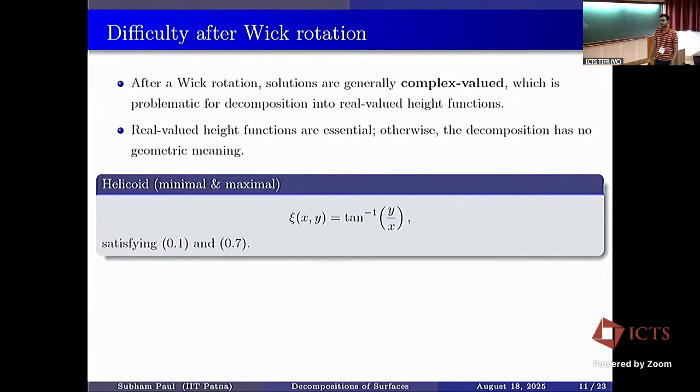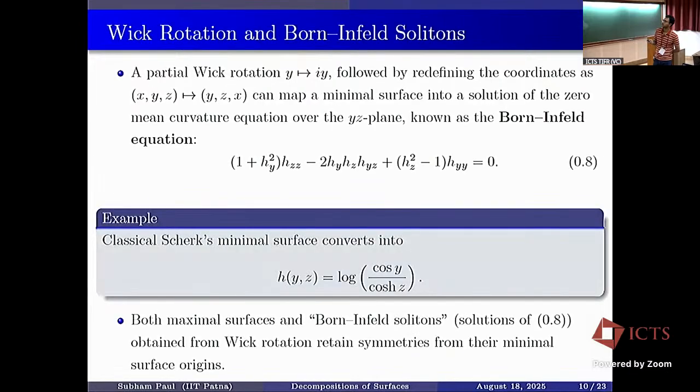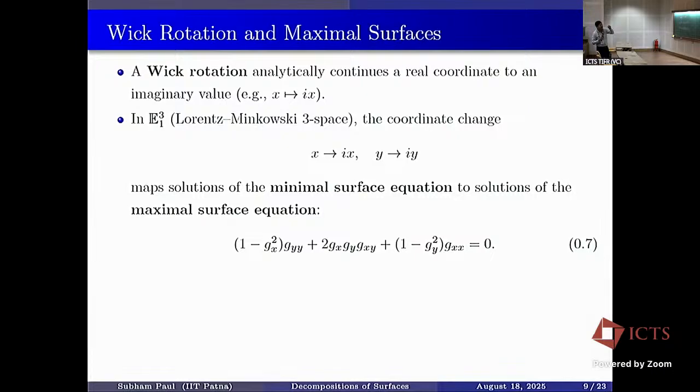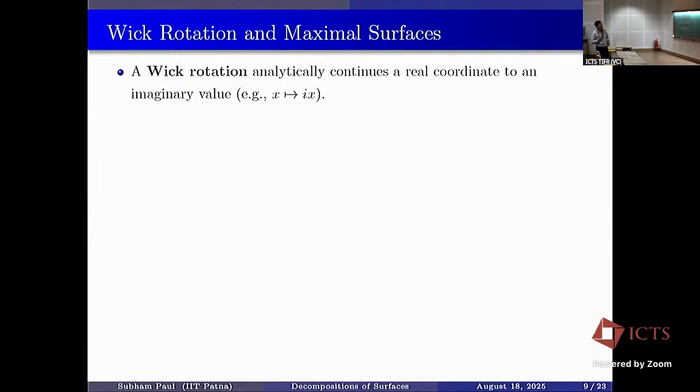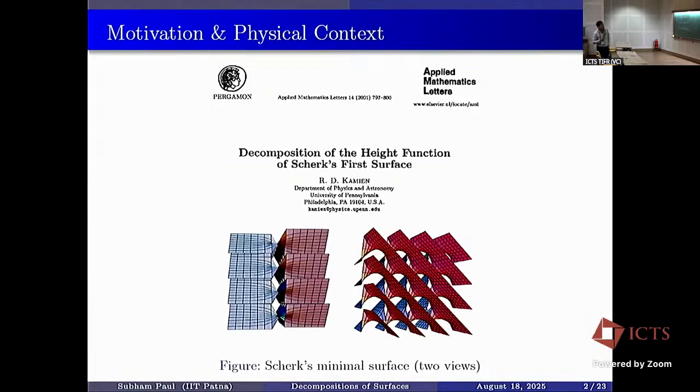So could you show me the formula again? Sorry, Rukmini, why don't you... No, please, Charles, go on. Please. I'm wondering, how does the shift look like? Could you show me this formula again that you have? Which formula? If you can show the picture of a Scherk surface, it's very clear how the helicoids are present. Yes.